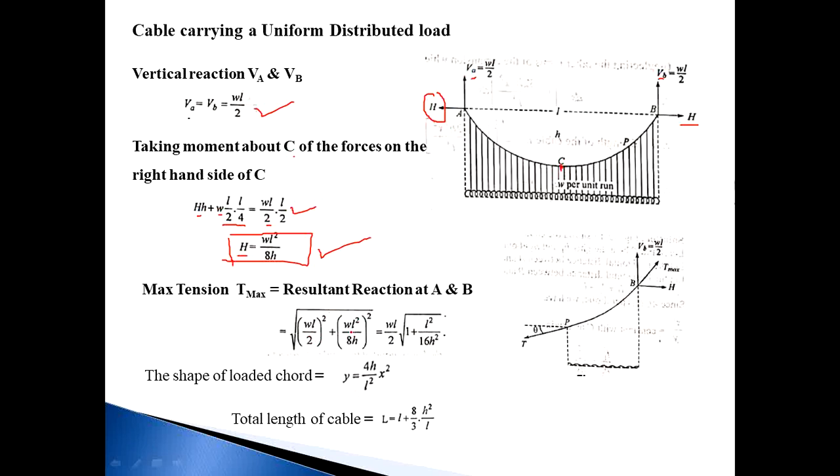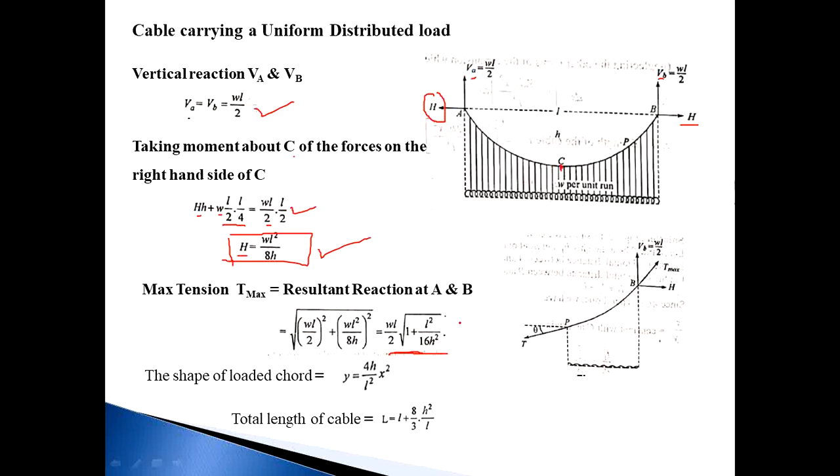Simplifying, we get WL by 2 square root of 1 plus L square upon 16 h square. This is the maximum tension in the cable, where W is the intensity of the UDL, L is the span of the cable, and h is the dip of the cable at the center. These are the parameters.